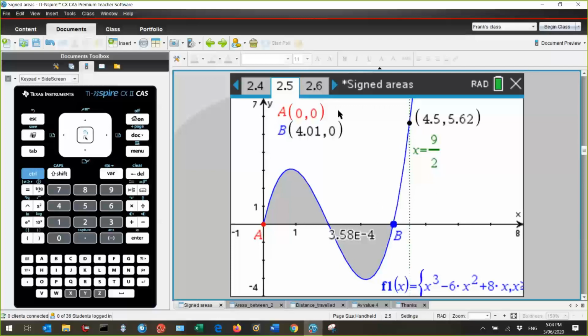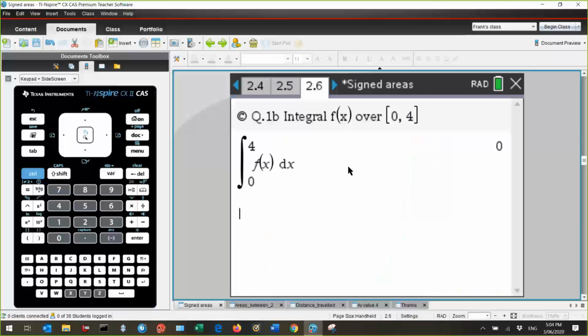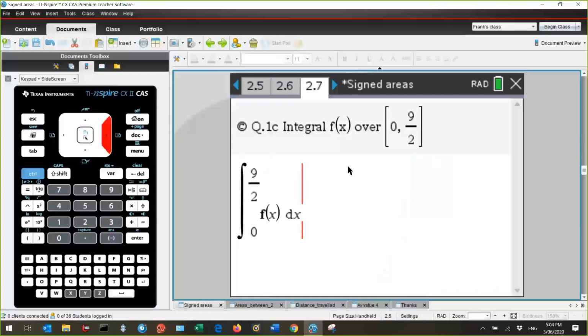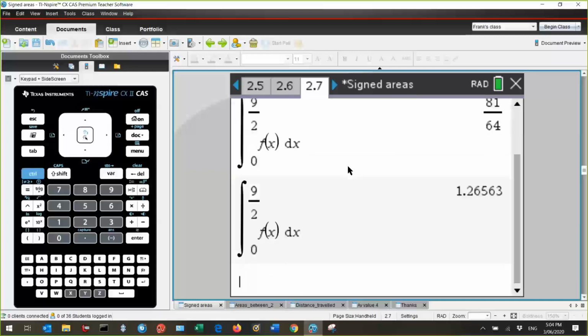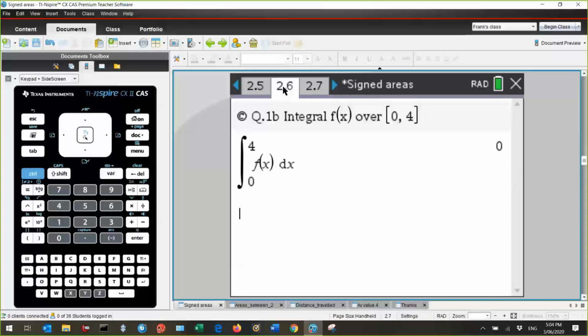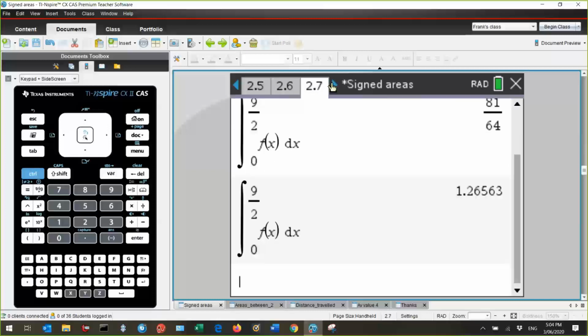If I want the integral to 9.2, I get that answer there. If I want an approximate value, I can do Control Enter, and it's about 1.7. I can do that graphically too.